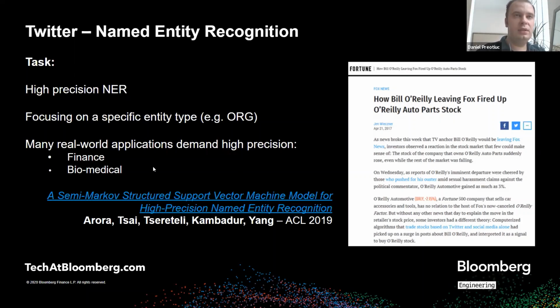In this study, which was published at ACL last year, we focused on a specific entity type, in this case organization, and traded off precision on other types to improve precision on this particular type. The motivating example: I'm not sure if you remember, in 2017, Bill O'Reilly was a talk show host at Fox News.